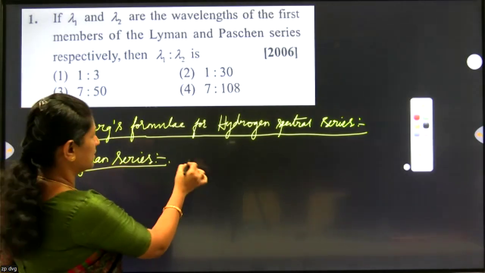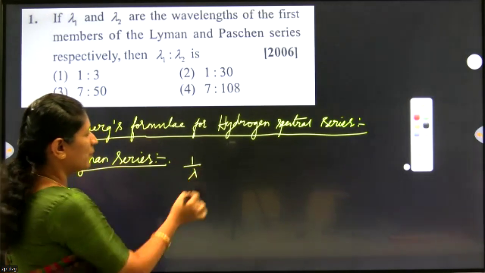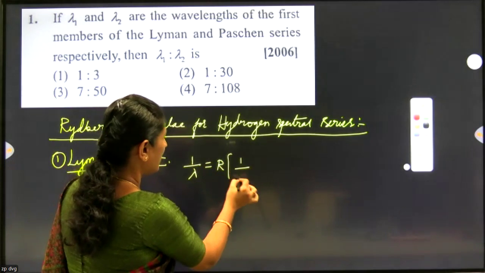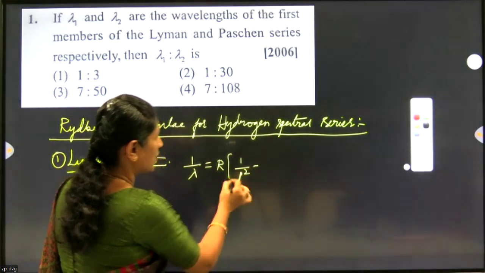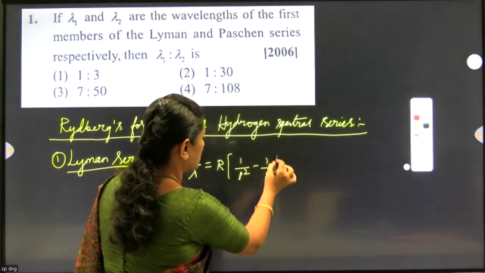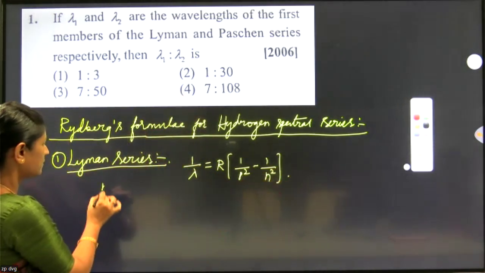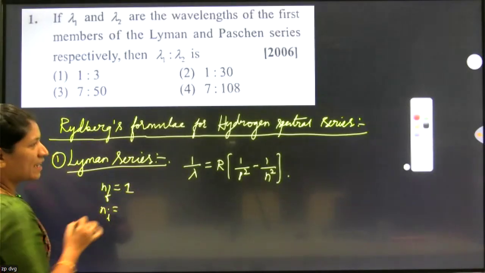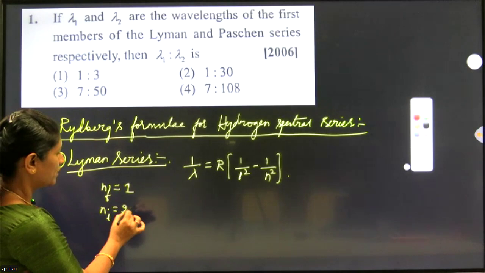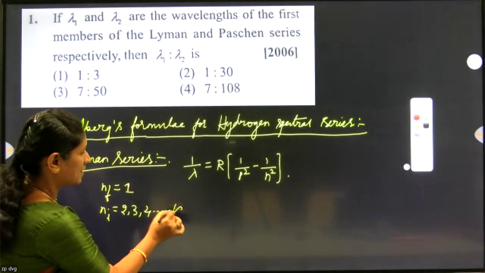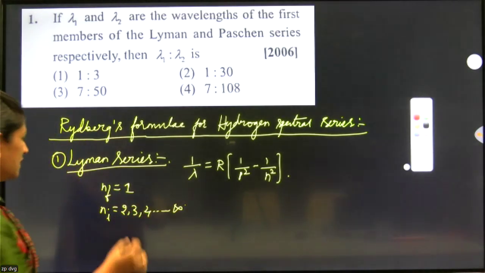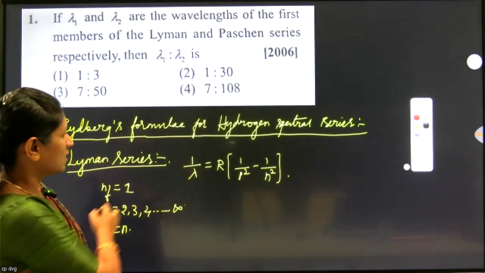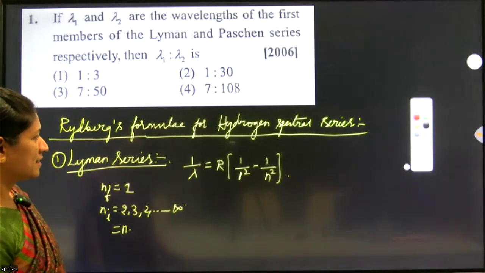Therefore, its wavelength is given by 1 by lambda equal to R into 1 by 1 square minus 1 by n square. Here nf is 1 and ni is equal to 2, 3, 4, etc. up to infinity. This can be taken as n. This is the wavelength for Lyman series.